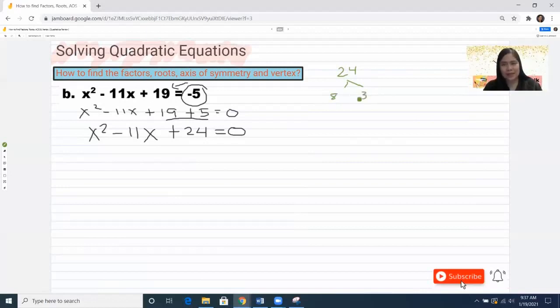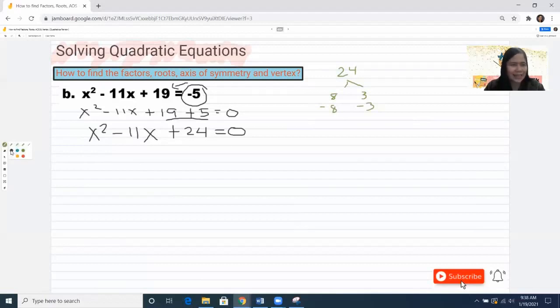It is +11. So those are incorrect. We can use negative numbers. -8 times -3 is +24, and then -8 plus -3 will give -11. So it satisfies both the constant and the linear term. That means those are the perfect factors.